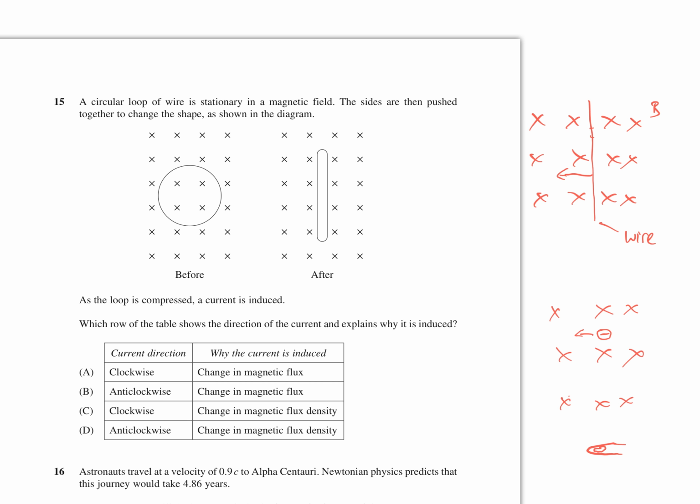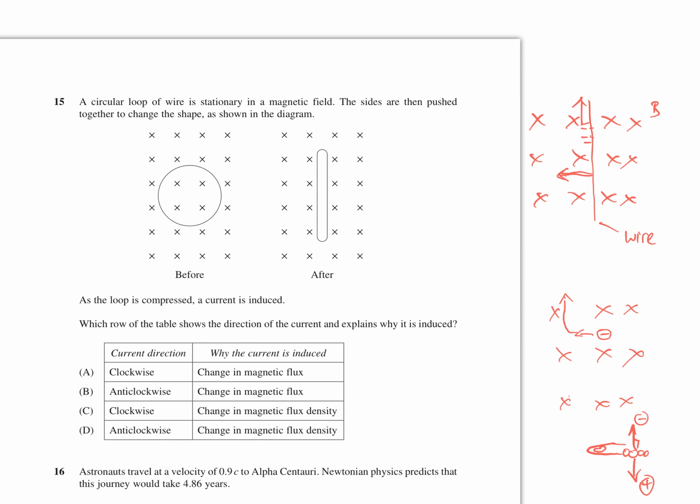The fingers are the field going down into the page, and the charge is minus, so it'll feel a force in that direction at 90 degrees to its motion. So the electron will turn that way and move up. So the electrons in the wire, as the wire moves to the left, will move that way.